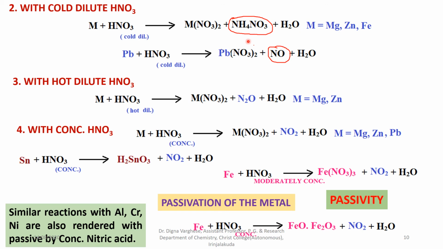It depends upon the concentration of the acid, temperature and the nature of the metal; it will give different products with different metals. Here lead produces nitric oxide, but the same reaction with magnesium, zinc and iron will give ammonium nitrate as the reduction product of nitric acid.